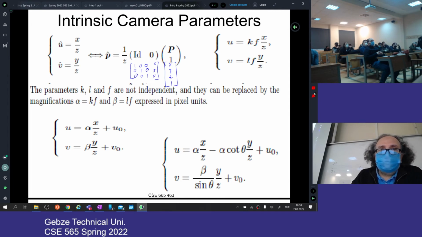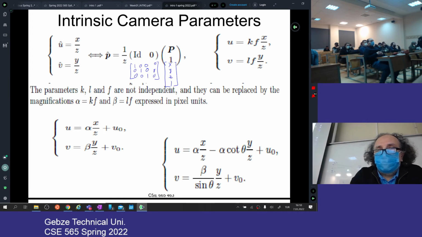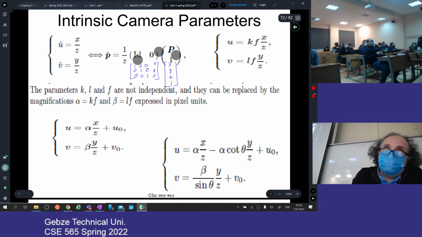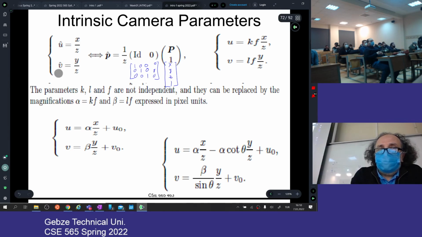You are going to say that this is not linear. But I told you how to make it linear. If you convert whatever comes out of this into a non-homogeneous system, this is what you are going to get: U hat and V hat.